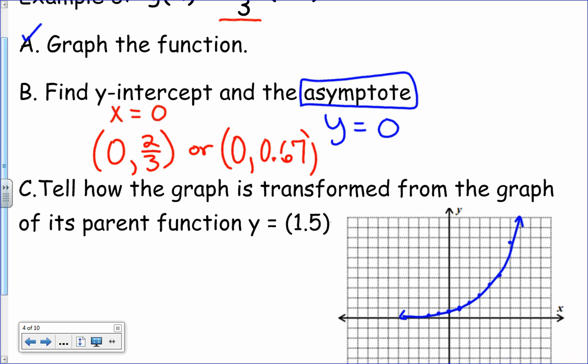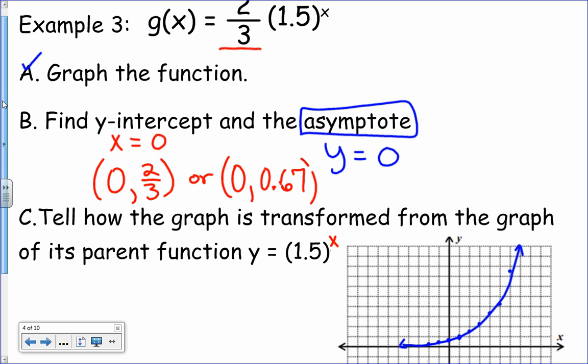That would be okay too. All right? As long as you know that the y-intercept is where x is 0, that's fine. Asymptote's y equals 0 because it never touches. Now, C, tell how the graph is transformed from the graph of its parent function, y equals 1.5, and that should actually say, so go ahead and add this for me, 1.5 to the power of x.